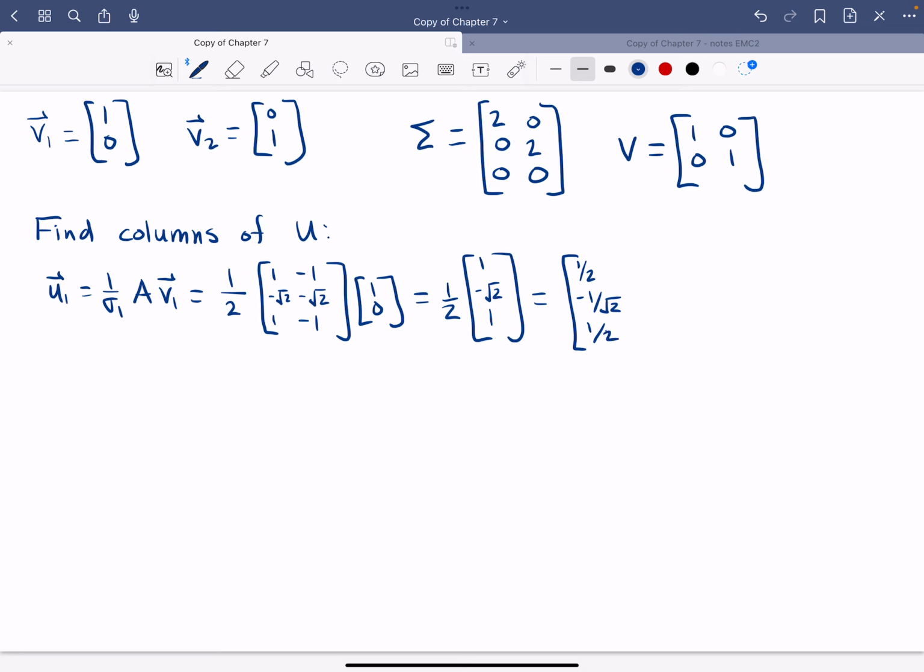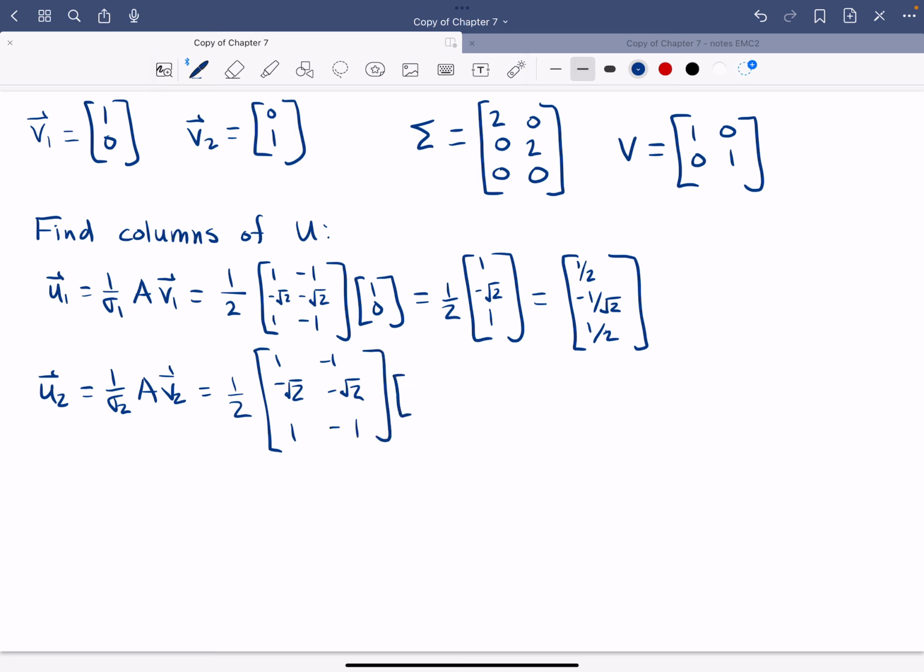Okay, so this is our u1 vector. Our u2 vector is solved for similarly. That's 1/2 times A times the v1 vector, which is just 0, 1 in this case.